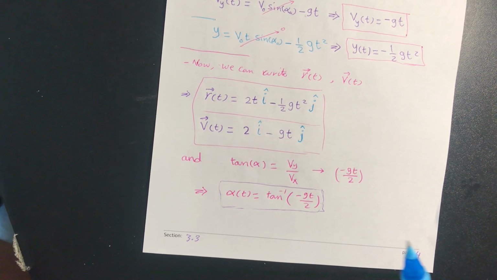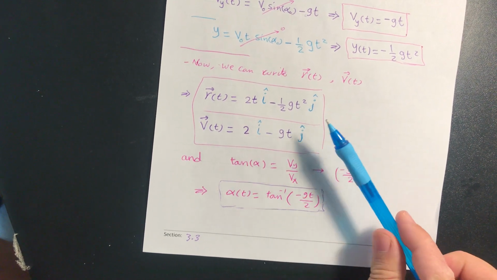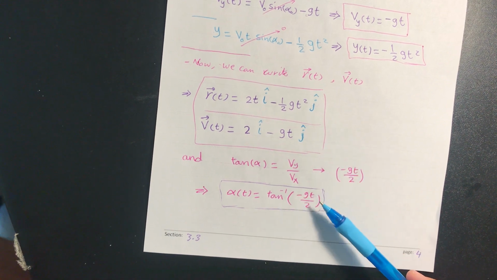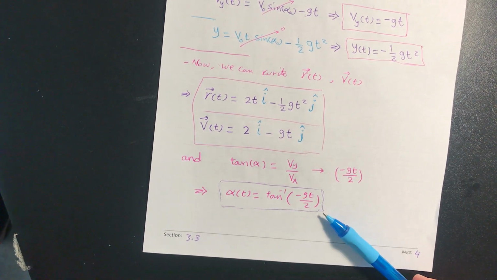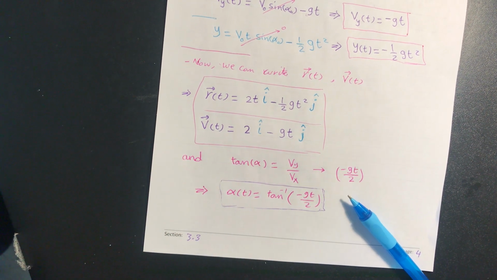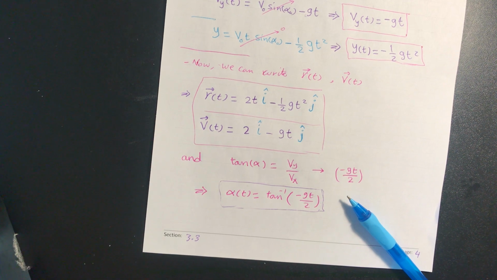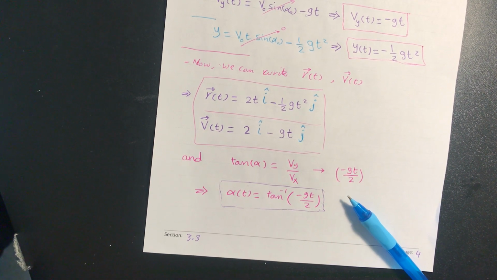You can put any time you need in these relations and find the position, the velocity, and the direction of that velocity at any time. Use t equal 1, 2, 3, 0 as you like. That's all for the first part of projectile motion. Thank you.